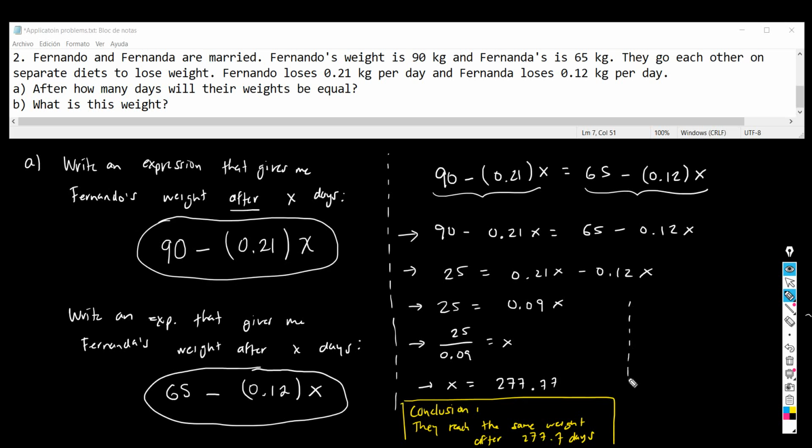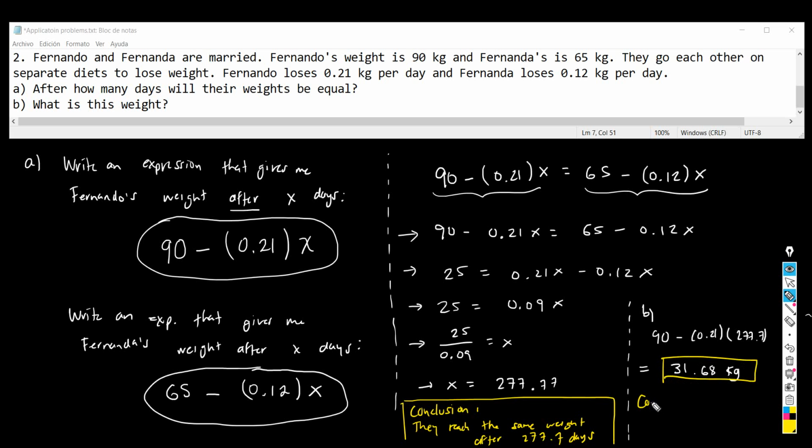I'm going to use this expression for the weight of Fernando, 90 minus 0.21 times 277.7 days, and that's going to be equal to, I think he's going to get really skinny. Oh my god. That's going to be 31.68 kilograms. This is starving weight.